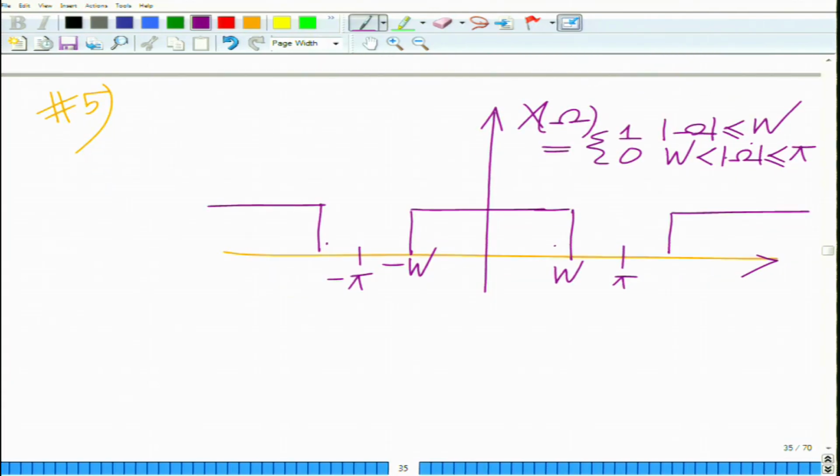So, basically this describes it in one period. Remember, this is always a periodic signal, so this is for a single period.